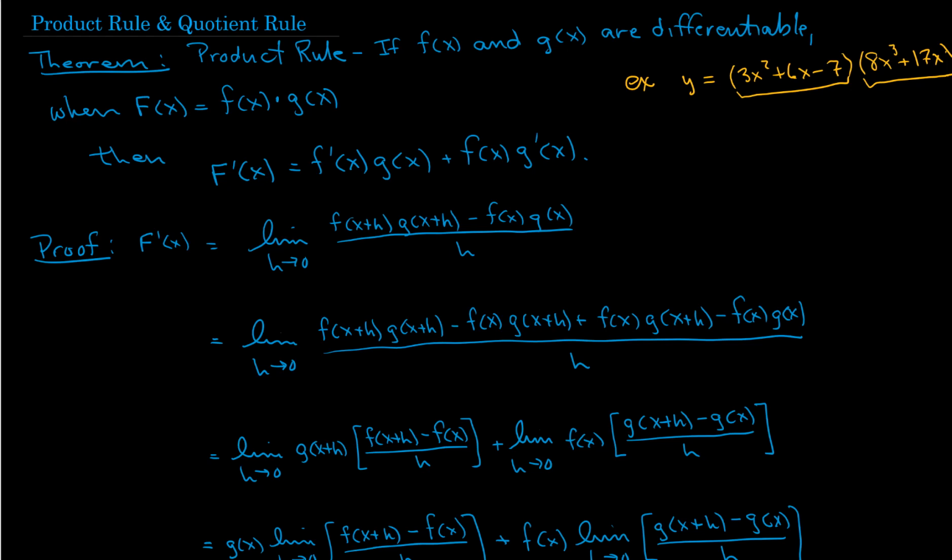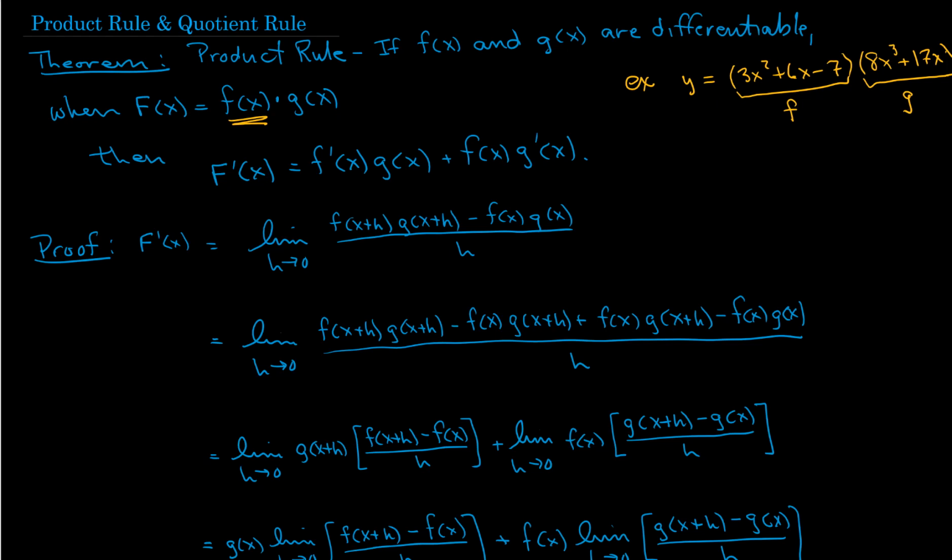When we encounter situations like this, instead of foiling things out, combining like terms, and then applying the power rule, we're going to call one of these functions f and the other one g, just like you see over here to the left in the equation capital F. In other words, capital F is equal to f of x times g of x.